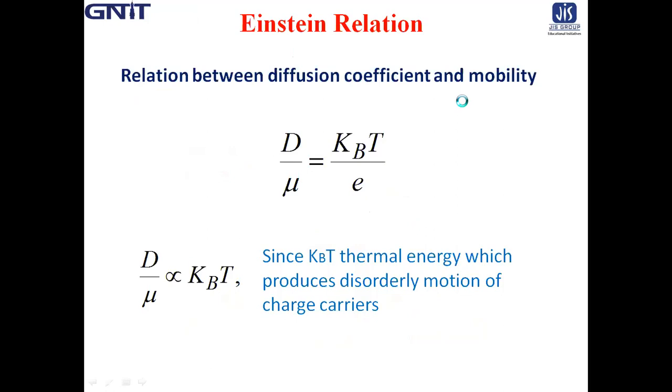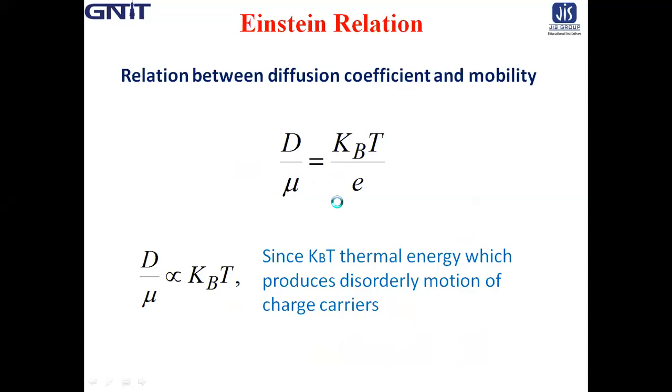In the Einstein relation, the diffusion coefficient D is interrelated with mobility mu by D by mu equal to kBT by e, where T is the temperature in degrees Kelvin.